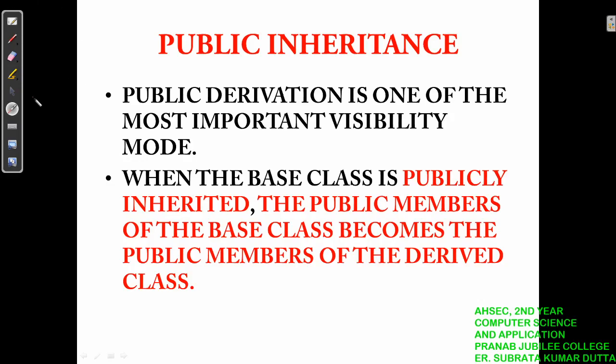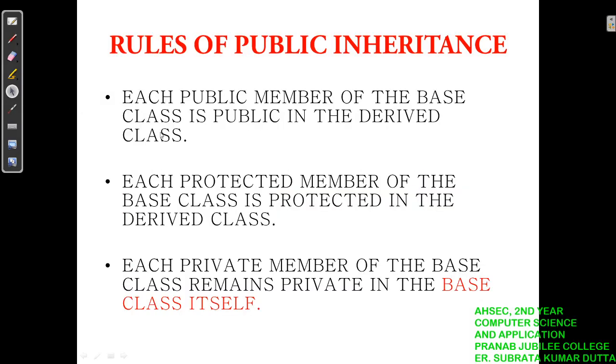So to clarify it, let's see the rules. The rules of public inheritance: each public member of the base class is public in the derived class.